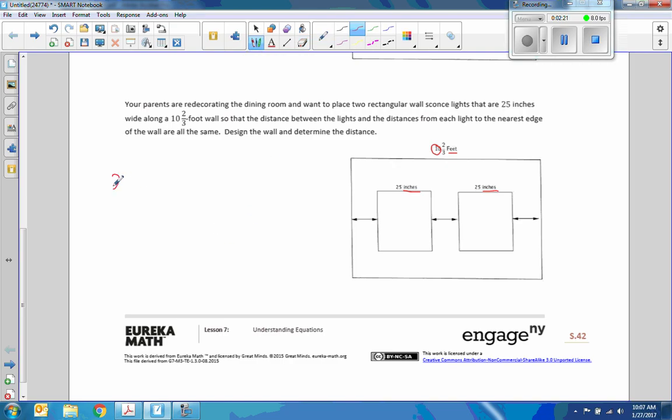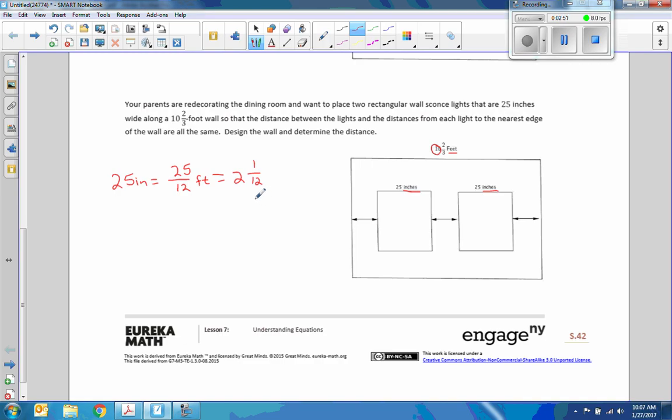First of all, we can say 25 inches equals 25 twelfths of a foot, because there's 12 inches per foot. And when I do that, 12 will go into 25 2 times. 12 times 2 is 24, with the remainder of 1. So 25 inches is 2 1/12 feet.